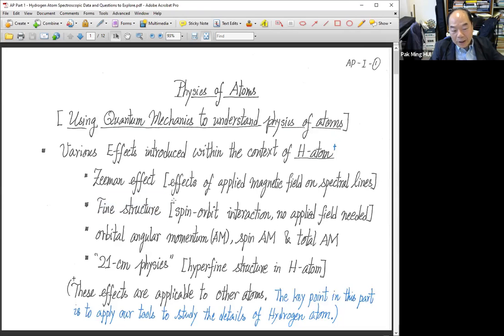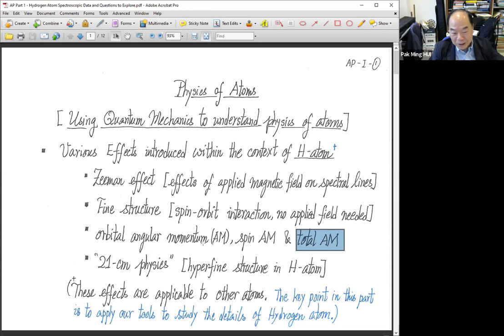Under this topic is the very hot topic now in condensed matter called spin-orbit interaction physics. Because we have spin angular momentum, we have orbital angular momentum, that also leads us to consider how to handle them together, or add them together to form something called the total angular momentum.